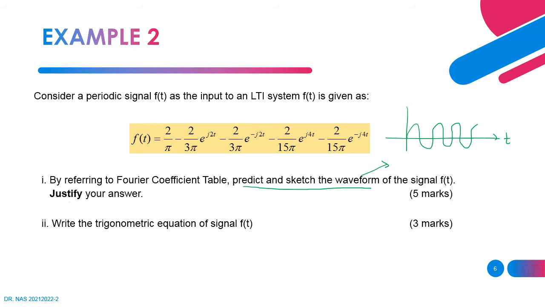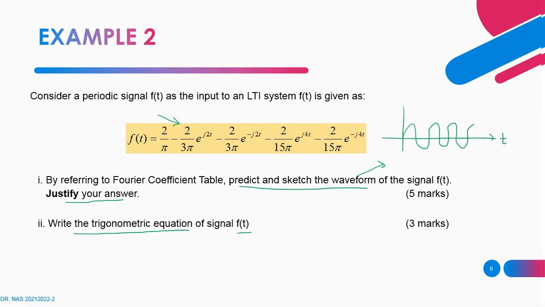Then you need to justify your answer by showing your calculation and consideration, and stating your assumptions clearly in your solution. Secondly, you need to write the trigonometric equation of signal f(t). The equation given is in exponential form, so you need to convert it into trigonometric form.